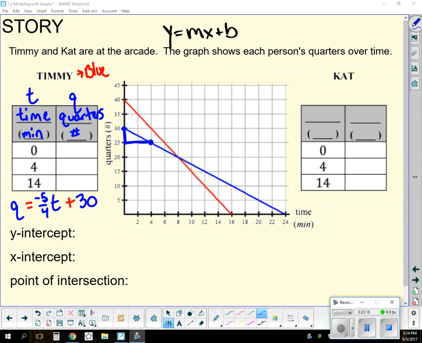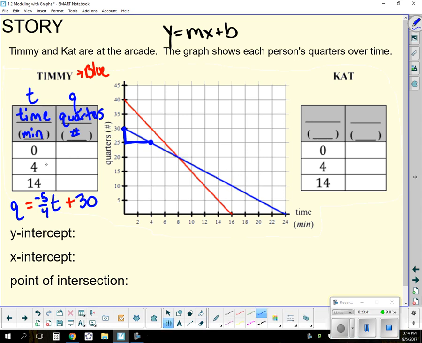So to fill in the rest of our t-chart, now you have the option. You can use this equation or you can use your graph. Oftentimes, it's easiest to use the graph if your points are at nice, neat, easy to read points and not at some random point in between. Like, for example, if you were trying to find at 15, that would be more difficult to do using your graph. That would be when you would want to use your equation.